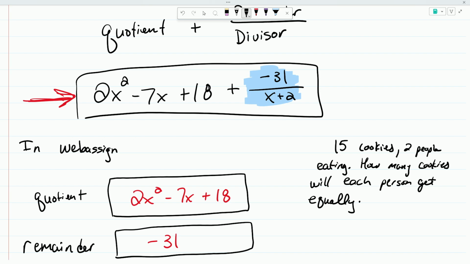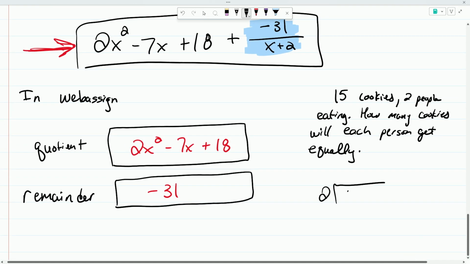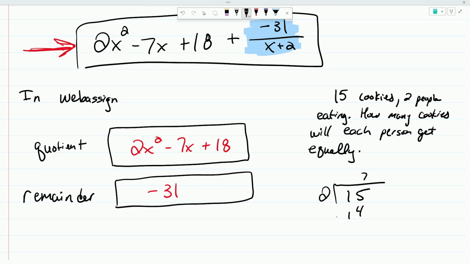Now, we can probably do this in our head, all right? Each person would get 7 cookies, but I'm going to do the long division here. So 2 would go into 15 7 times with a remainder of 1, all right? However, if you were to type in 15 divided by 2 into your calculator, it would say 7.5.